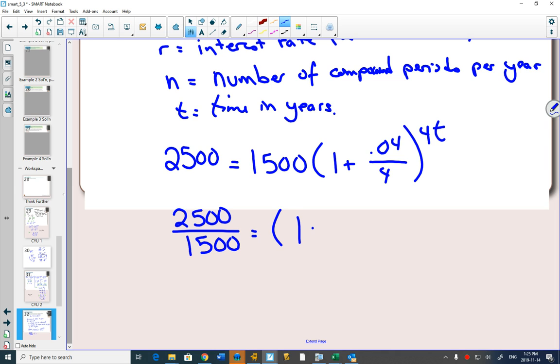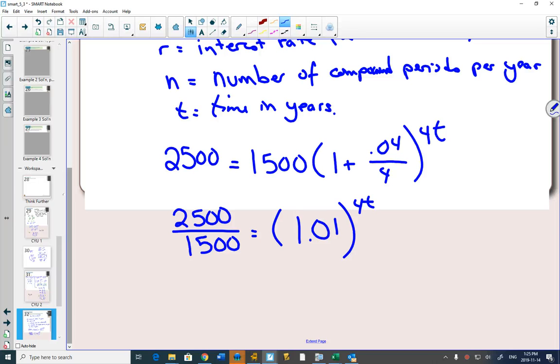I'm going to simplify this. This will be 0.01 plus 1. Okay. So first of all, on the right-hand side, I want you to see that the base is 1.01.